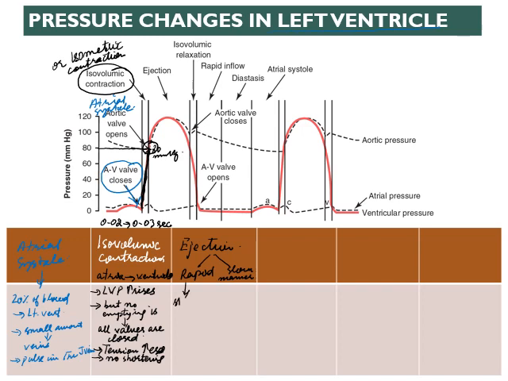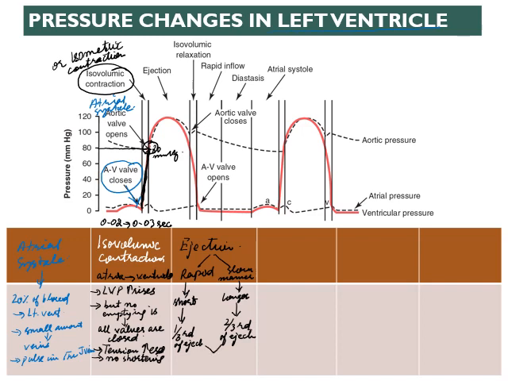Rapid is a short phase and it comprises the 1/3 of ejection phase, while the slow phase is a longer phase and it contains 2/3 period of ejection phase.